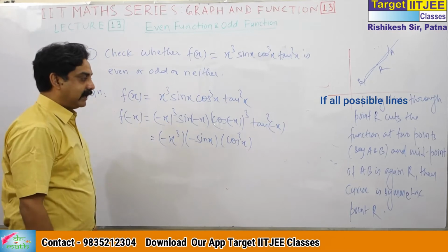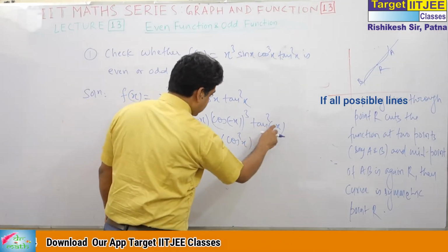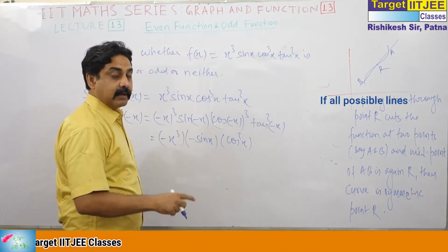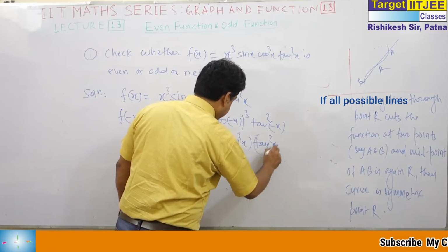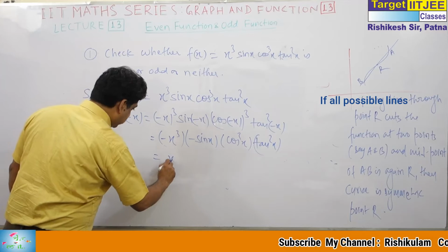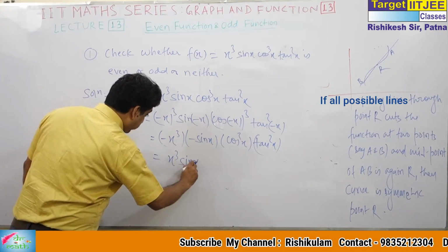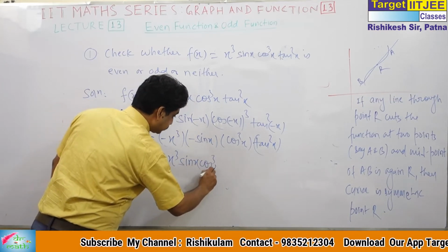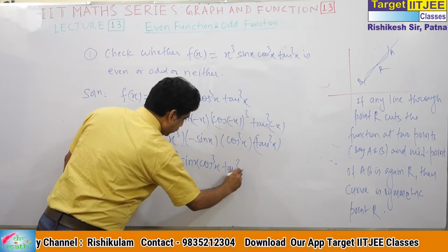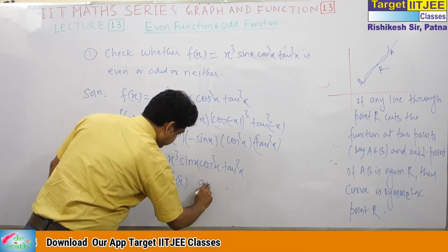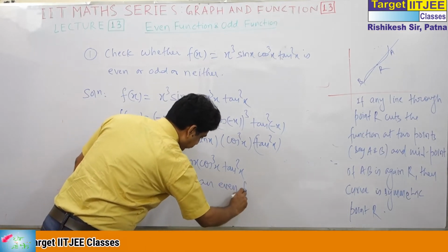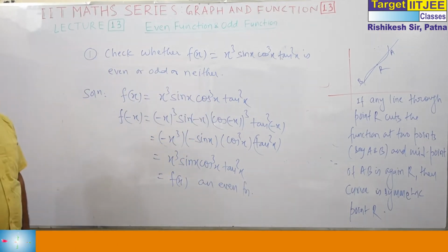Tan of minus x is minus tan x, but due to the square, this is tan square x. These 2 minuses become positive, so this is actually f(x), an even function. That you have to do.